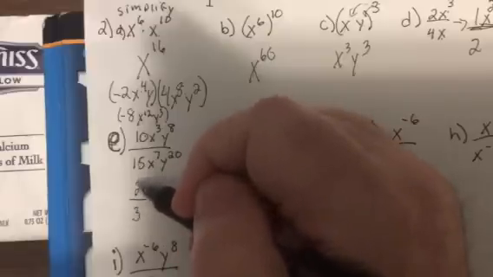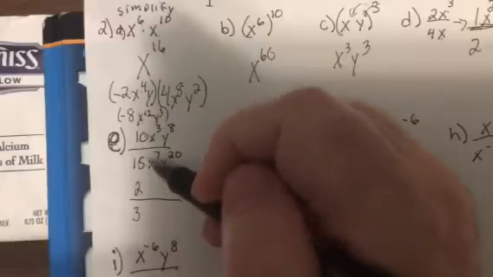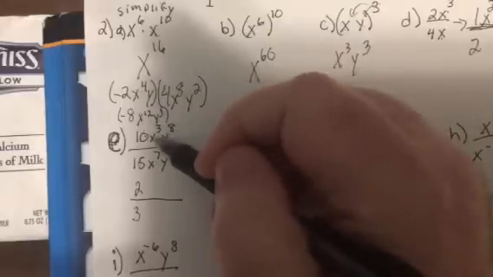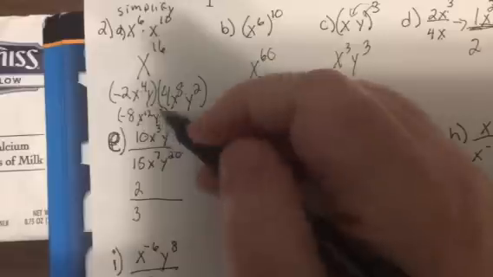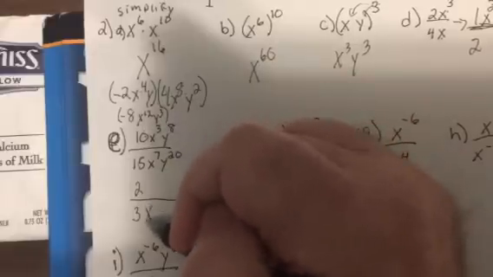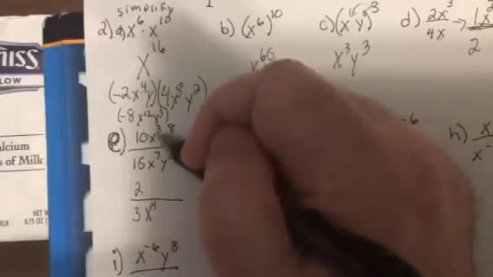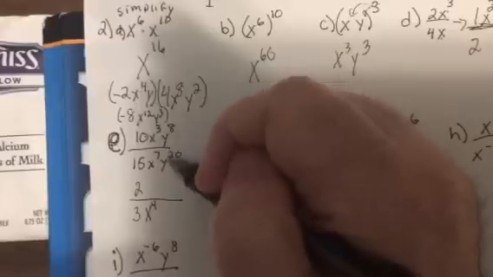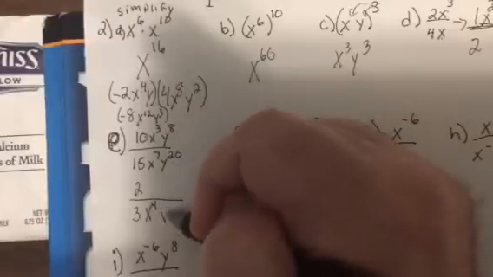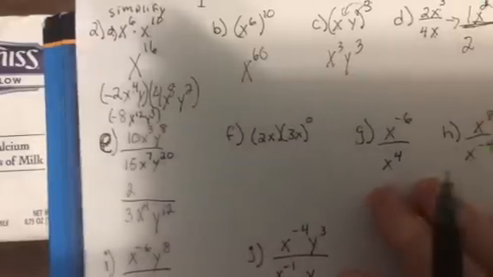And I know I'm going through this fast, but to be honest, my brain is done. When you divide two things with the same base, you subtract the powers. So 7 minus 3 would be 4. And it's on the bottom because 3 of these cancel with 3 of these. You still have 4 left over on the bottom. 8 of these cancel with 8 of these. So you'd have y to the 12th on the bottom.